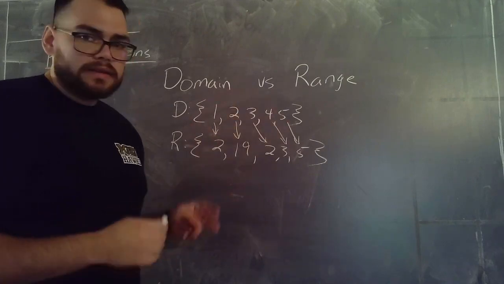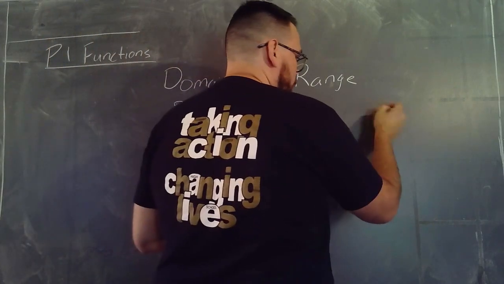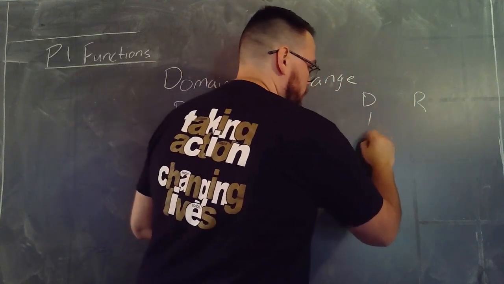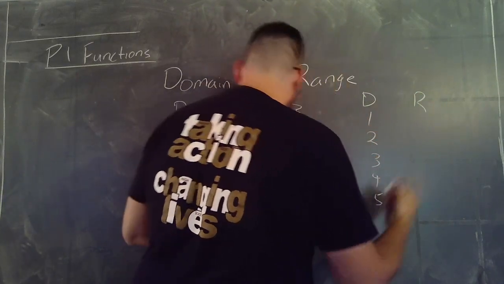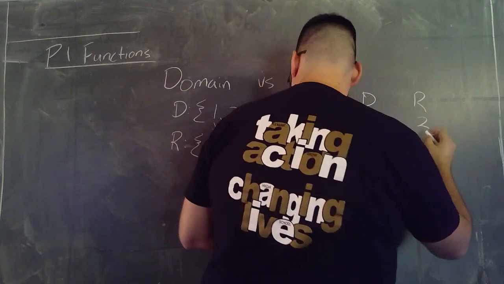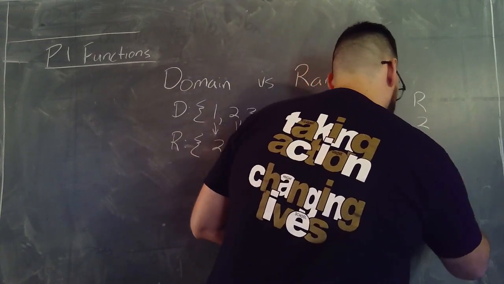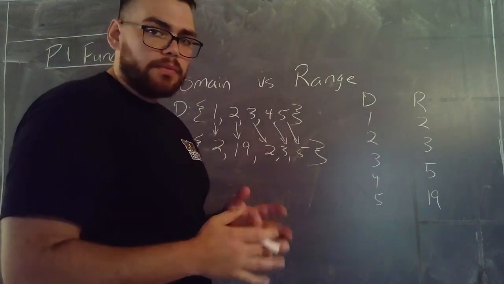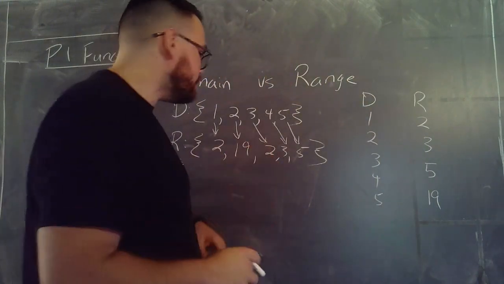Now, if we wanted to look at the actual mapping, where we have the set of the domain and the range, we can actually see if we do this mapping, it's not one-to-one, but it still is a function.